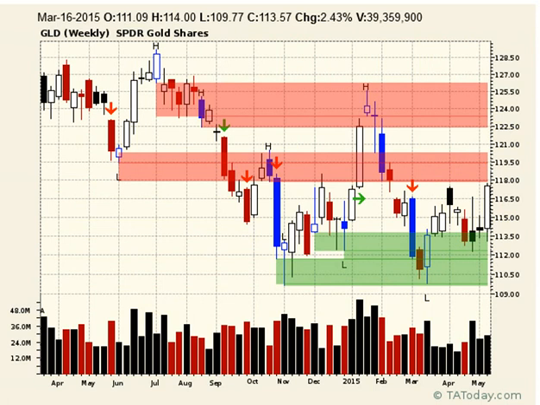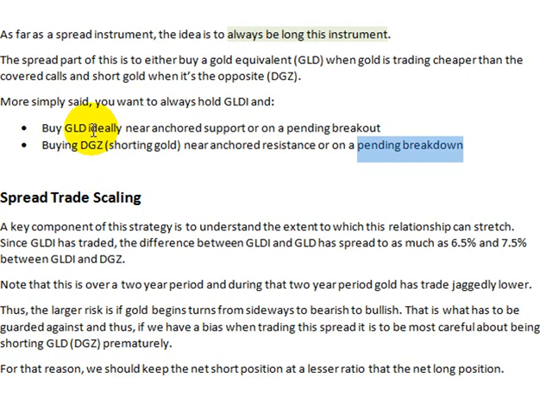and now trying to break out. So if I'm looking at just the neoclassical thought here, the expectation is that gold is going to try to break out and trade higher. If that, in fact, is the case, now going back to this concept, you want to buy gold when it's either at anchored support, that's not the case, or it's pending a breakout, which is the case.